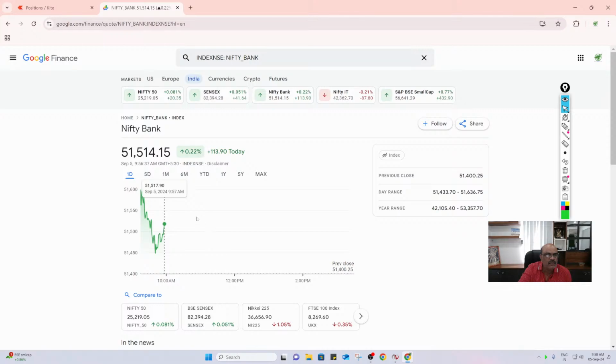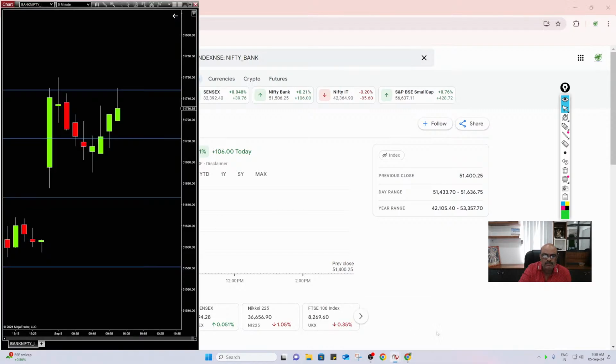This is the spot, not the futures. I am just watching for the heck of seeing the direction. This is the futures chart.